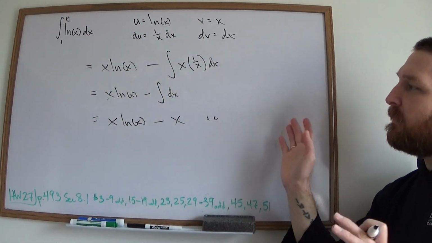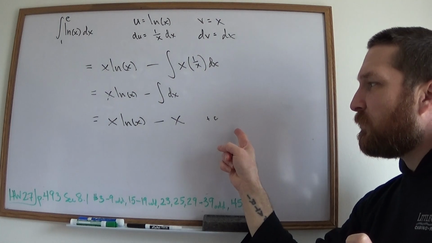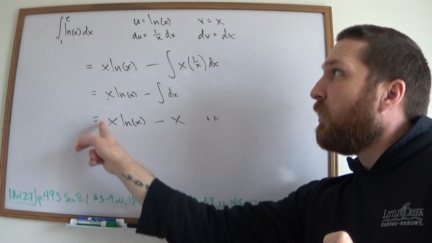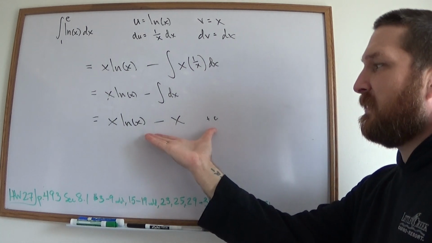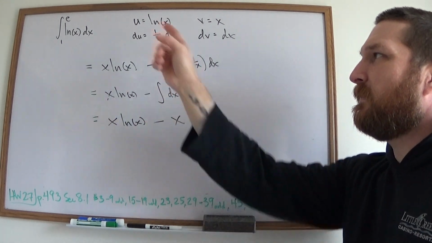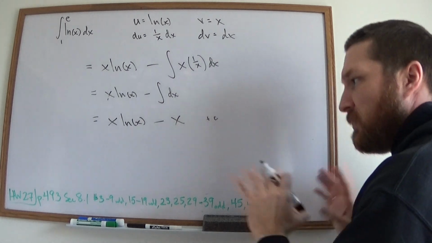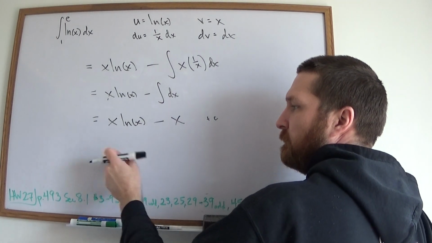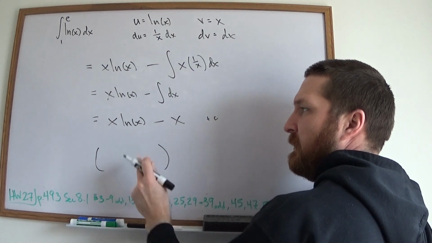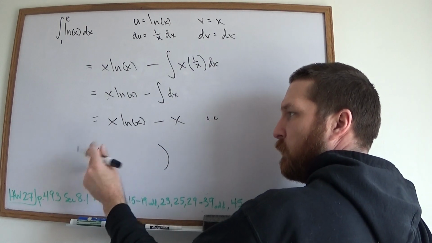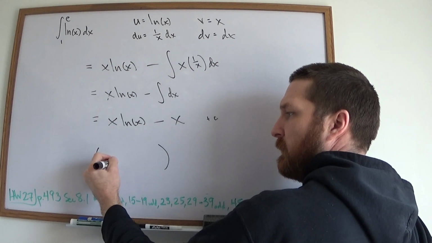Plus a constant, but we don't care about the constant because we're about to evaluate this thing. But let's just make sure that when I take the derivative of this thing, what I get is log x. Because that's what I'm claiming, that this here is the antiderivative of natural log x. So let's take the derivative here. This is going to be a product there. Take the derivative of x, you get 1, leave the second part alone.